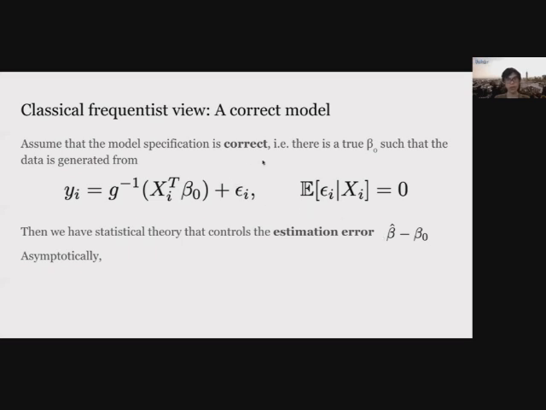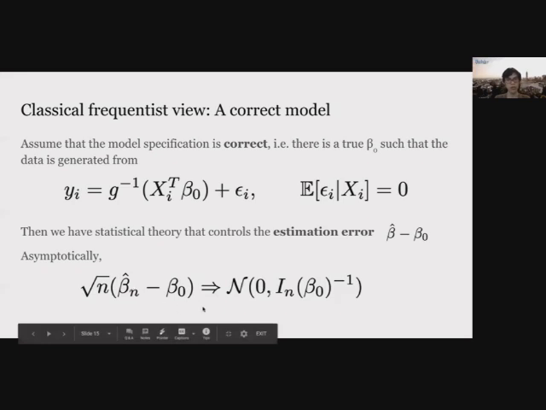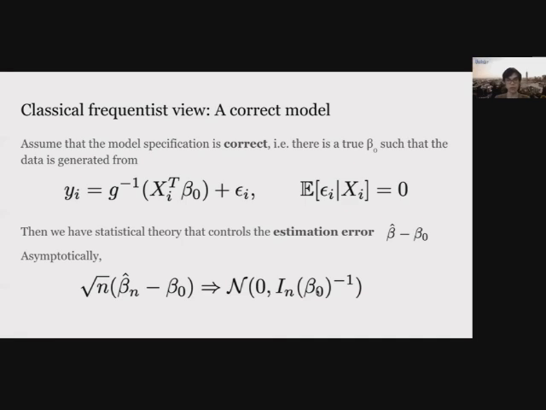However, once we assume that the model is correct, then there is some heavy-duty statistics theory that helps us to bound the estimation error, which is beta hat minus beta 0. This heavy-duty statistics machinery is going to tell us that we have some kind of central limit theorem type result, which allows us to say that asymptotically, the estimation error is going to be a multivariate Gaussian with covariance equal to this matrix here, which is the inverse of the so-called Fisher information matrix.